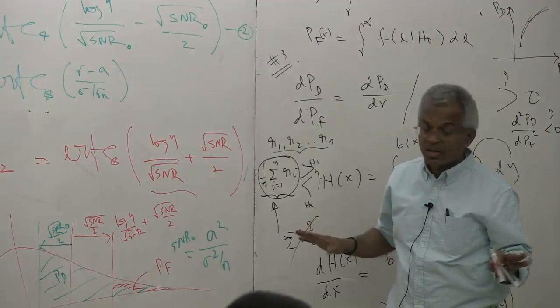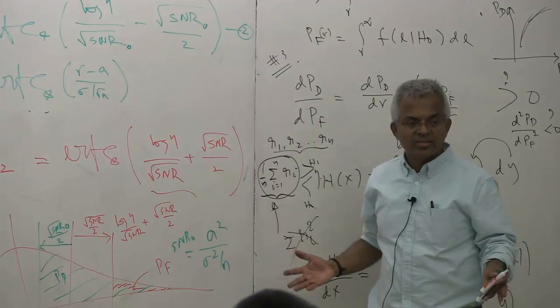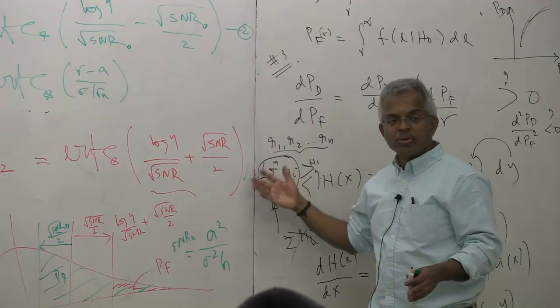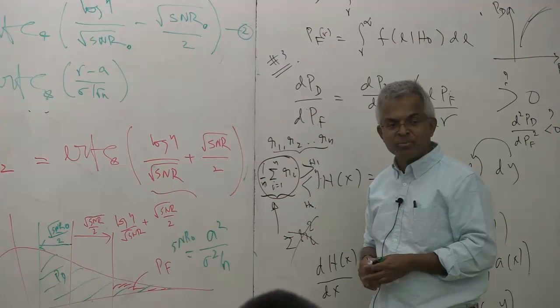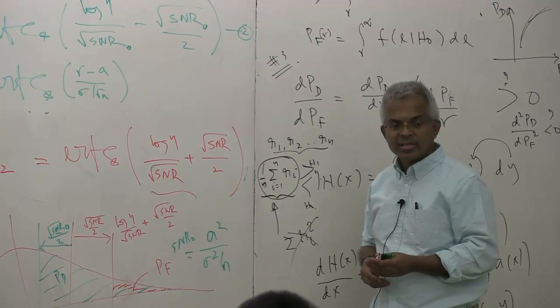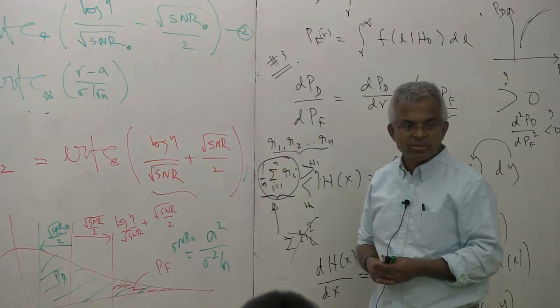So this is the best thing you need to do. There is nothing more, nothing less. Maybe you are disappointed because this is too simple a function. Don't worry, you will find more complicated functions as we go along. I don't know whether I answered you.